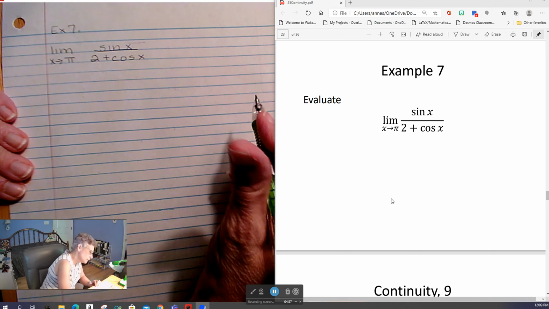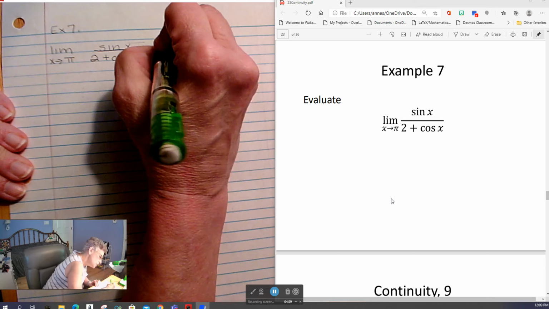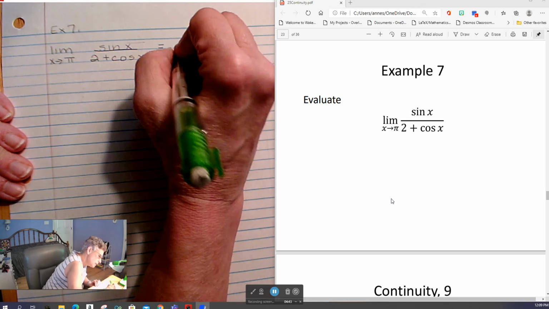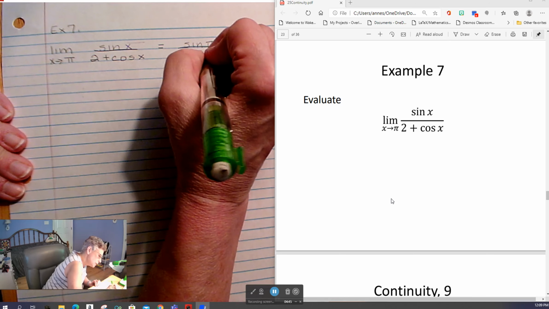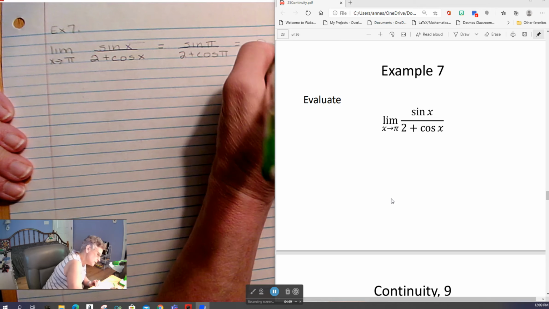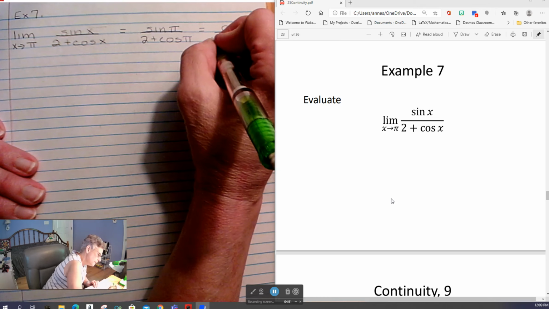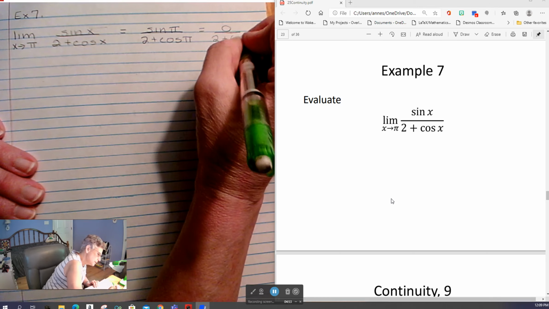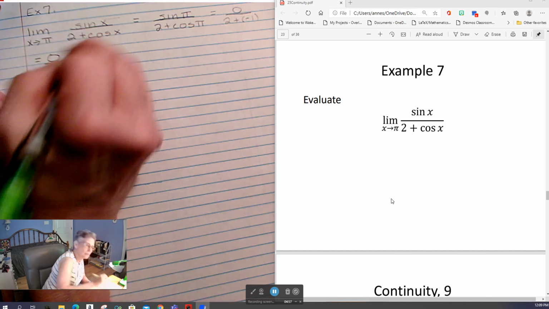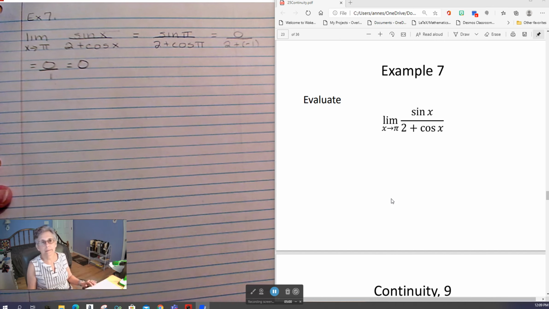And this is just a direct substitution problem. Sine of pi over 2 plus cosine of pi. Sine of pi is 0, 2 plus negative 1. 0 over 1 is 0. Easy peasy.